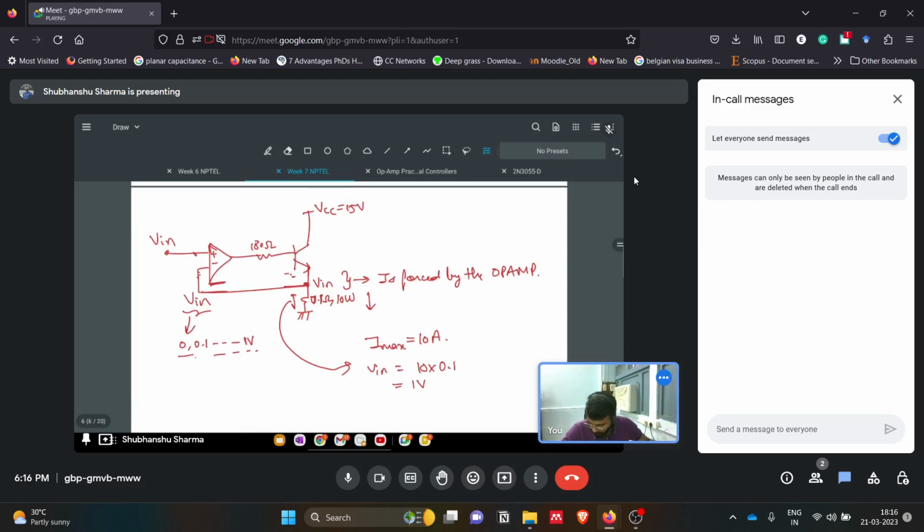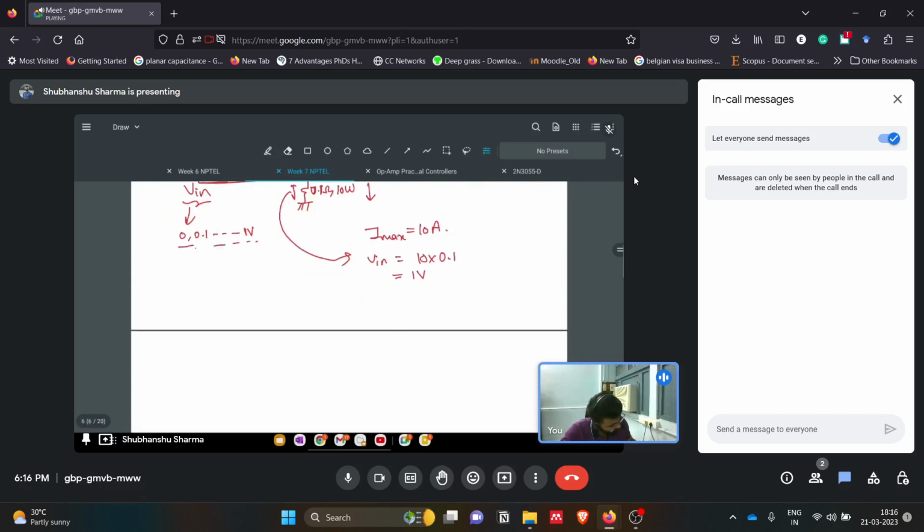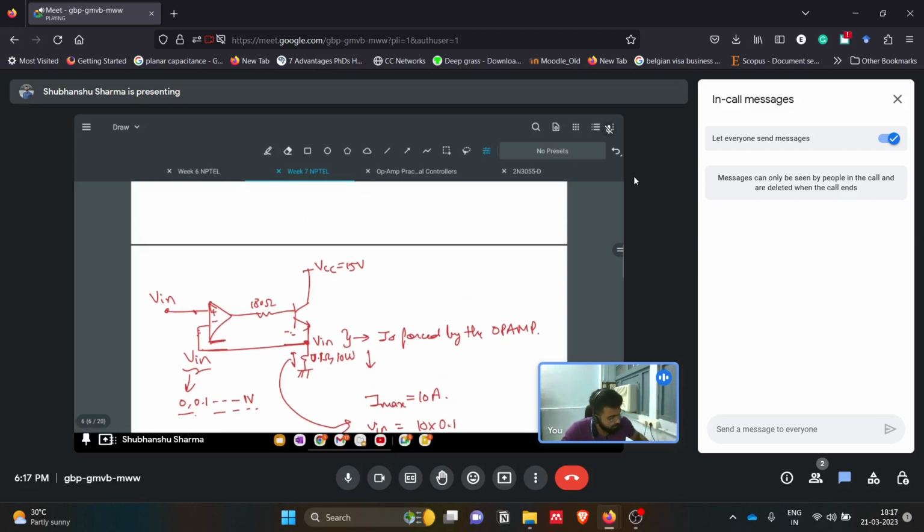Now, one thing we did was save our transistor from getting damaged. We solved that problem. But why do we need a transistor in the first place?